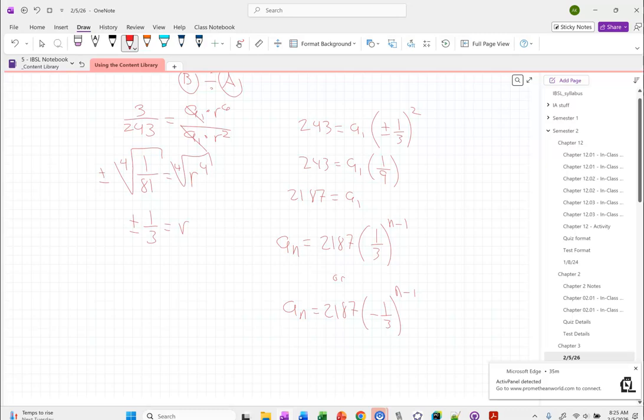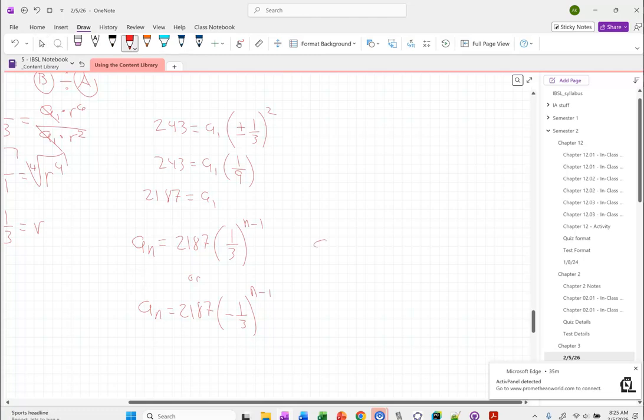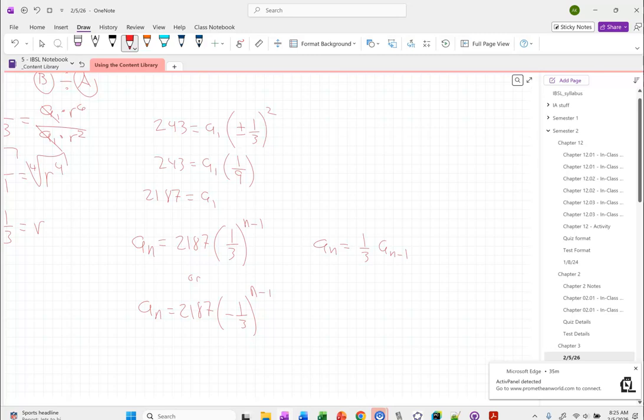And if I wanted to write this as a recursive, I could do that too, right? Once I have the first term and the r, it's pretty easy. What do you guys think? Good. Yeah, right? No big deal.